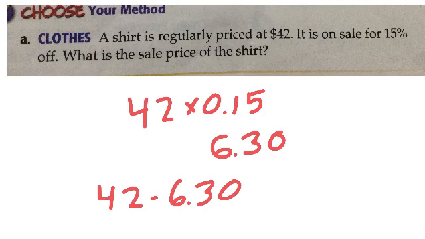Okay, yeah, that's what I got. And what'd you get? I got $35.70. You had it right. Oh, I thought you were supposed to change it. Okay, never mind. You added a 0 at the end. 42 minus 6.30 is 35.7, which we'd want to put a 0 at the end so it becomes cents in 2 decimal places. So 35.70, $35.70.